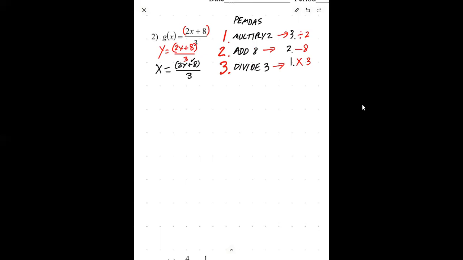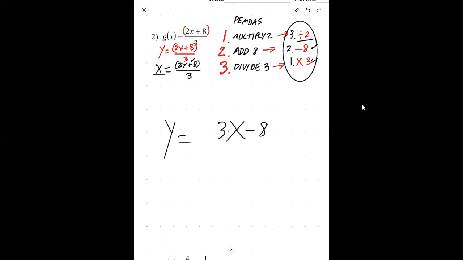Now, here's the part that I think is easy. We already know when we get done, we're going to have y by itself. And we're starting with x on one side. So now all we're going to do is we're just going to perform these operations on that x. So the first thing we're going to do is we're going to multiply by 3. We're going to multiply x by 3. And then we're going to subtract 8.